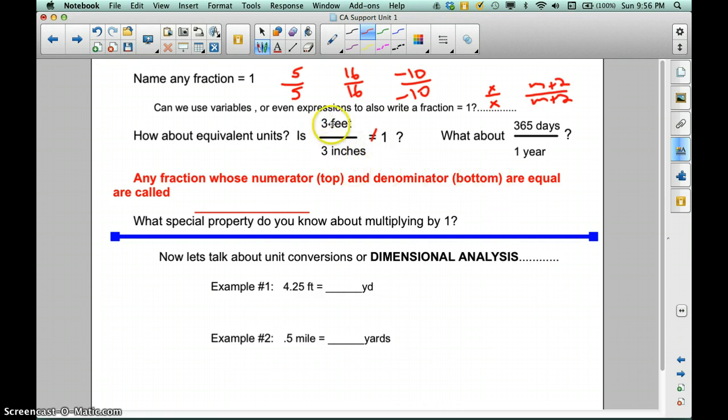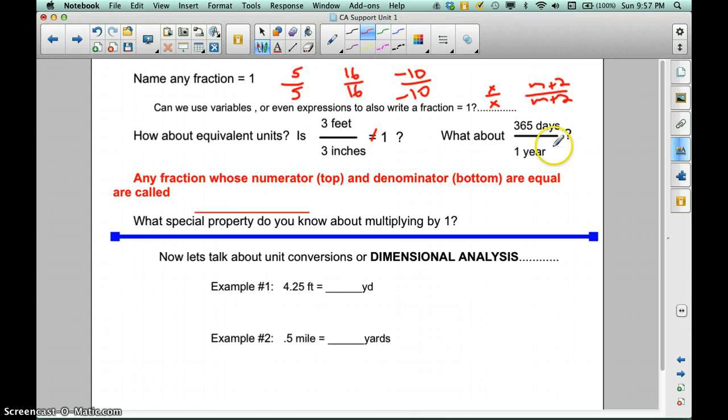So even though the numbers are the same, the units make a huge difference here, and in any fraction. So what about 365 days over 1 year? Well, now that we decided that the units matter, even though our numbers are different, if we can determine if the value of the top is equal to the value of the bottom, then this fraction is equal to 1.